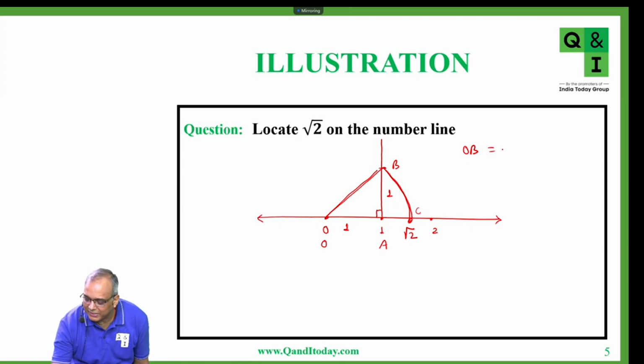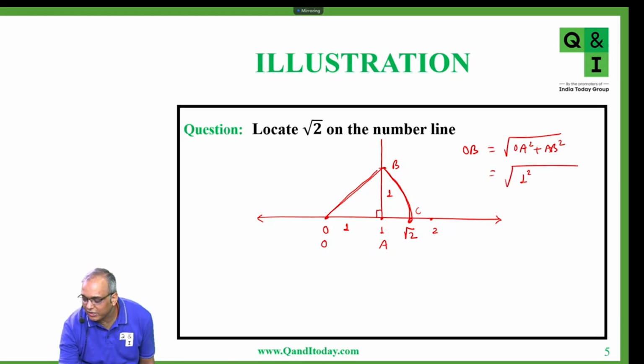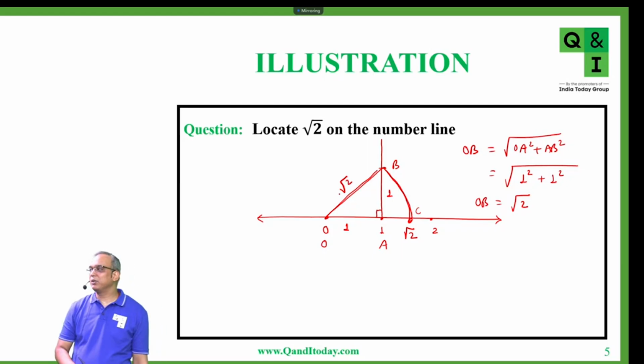Hypotenuse OB is equal to root under OA square plus AB square. We know that OA was 1 unit. So this is root of 1 square plus 1 square, which will be equal to root 2. So OB, this length, is equal to root 2.